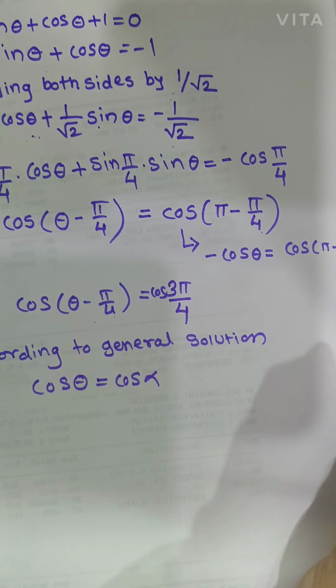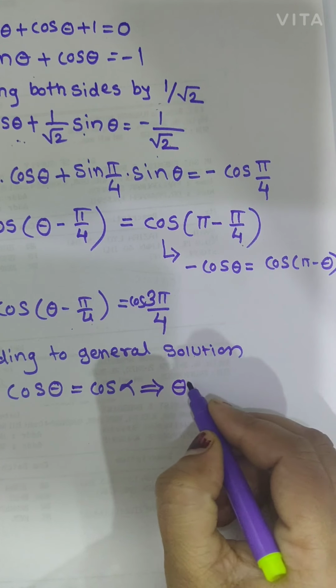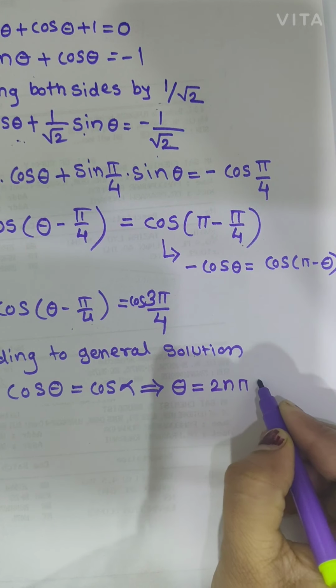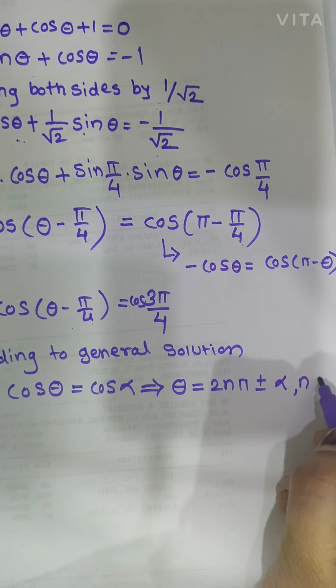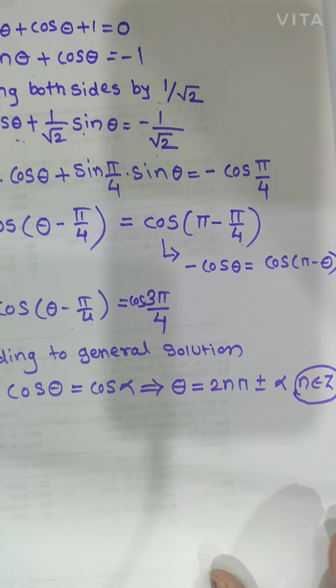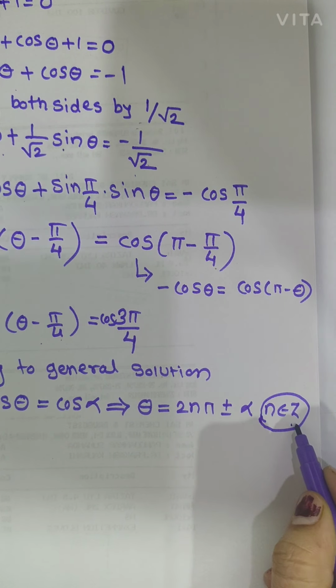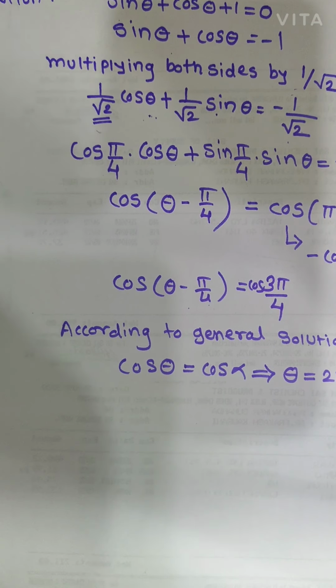If I have this formula, then this implies that theta is equal to twice n pi plus minus alpha, and the condition is that n belongs to z. This is a very important thing for your solution. If you don't write this, you will lose 1 mark here. Keep in mind this thing forever for your 12th standard.